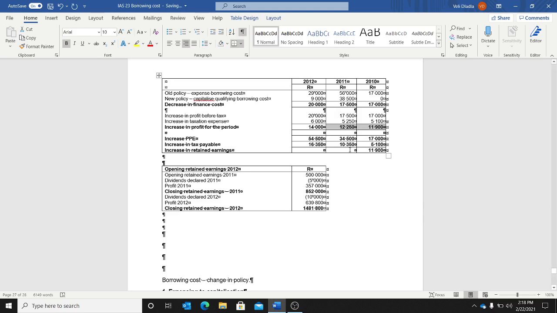That gives me 24,150 plus 14,000, which is this one. From the 24,150 plus 14,000, that will give me 38,150. So that is how it will react in your balance sheet.